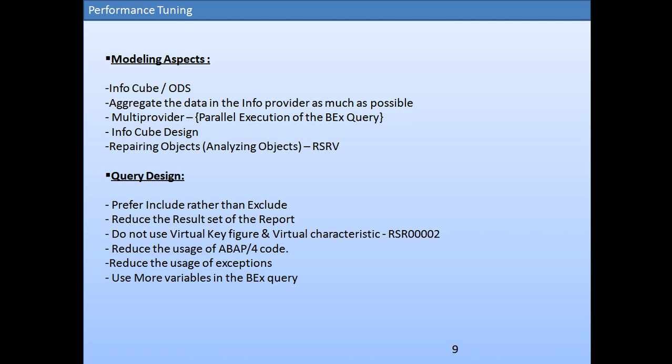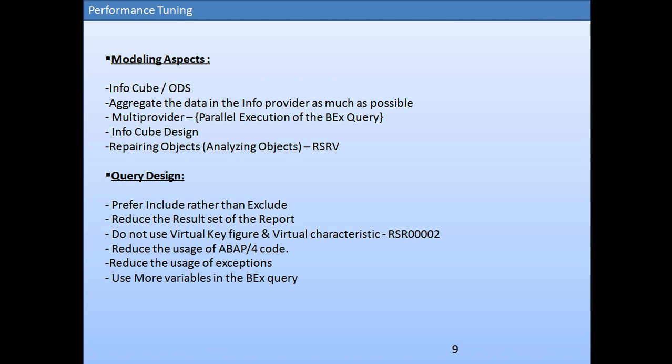And can I use this concept? Use more variables in the BEx query. So I'm showing some sales data. If I give a variable only on company code, and we select some company code, it is going to read all data of this company code. Many times the user gets a lot of data in the report, then tries to filter manually what they want.